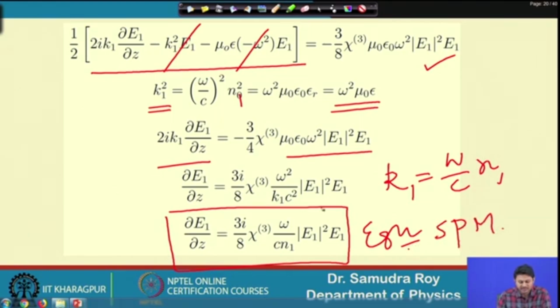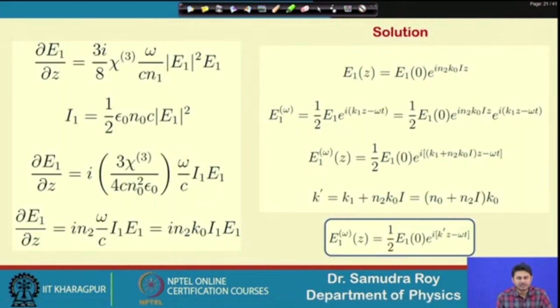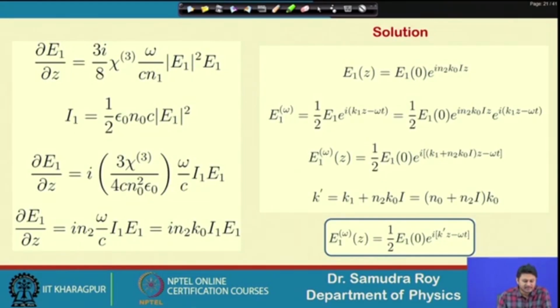This equation suggests that a field amplitude E1 will evolve, and in the right hand side all the terms are E1. So, that means the field is going to evolve, and this evolution will not depend on any other field. So, E1 will evolve by itself. If I want to write these things in terms of intensity, we can always write this.